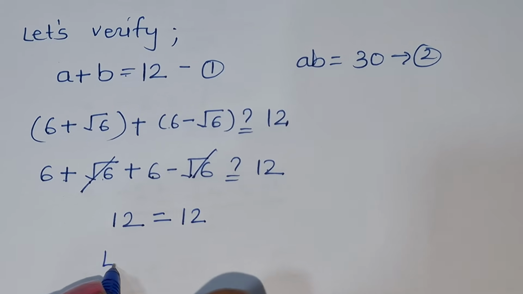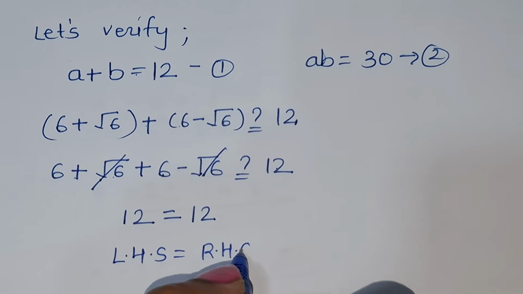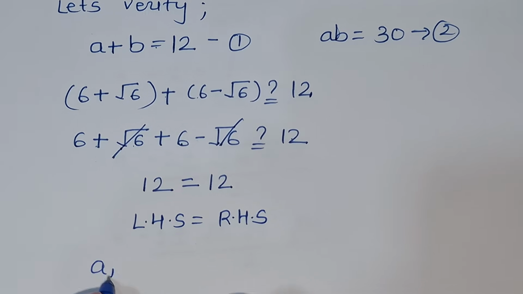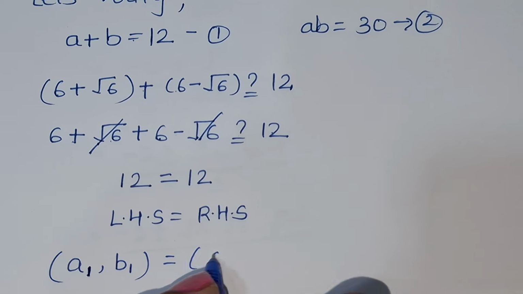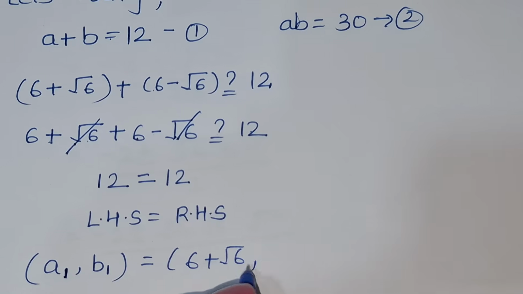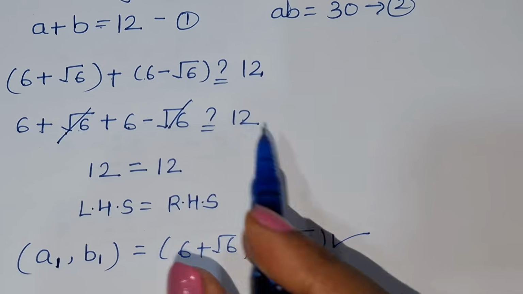So we can say here LHS is equal to RHS. So the values of a1 and b1, 6 plus square root of 6 and 6 minus square root of 6, are the correct solution for equation 1.